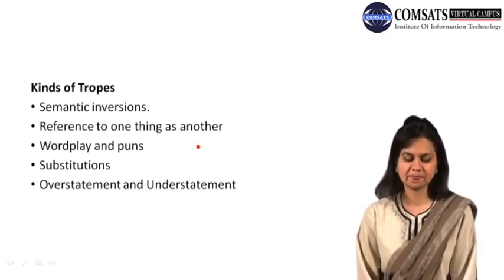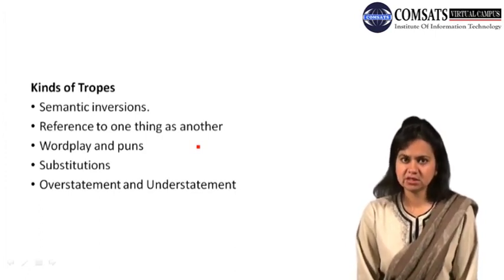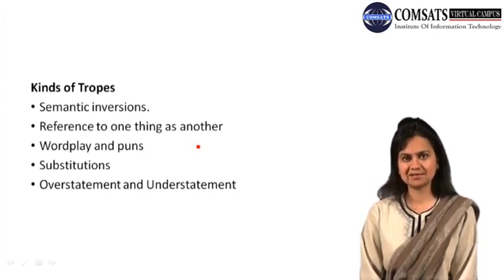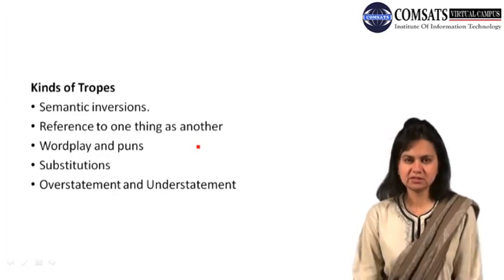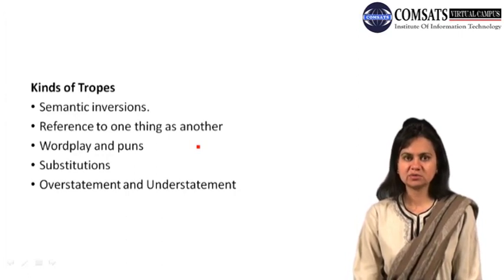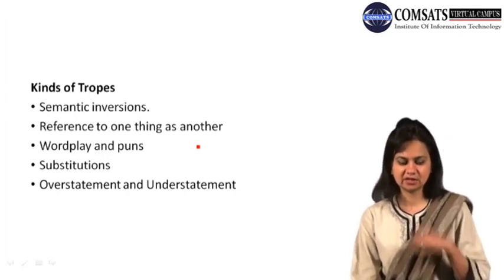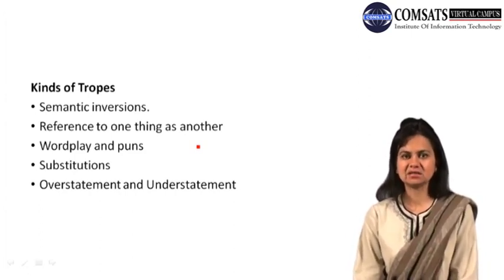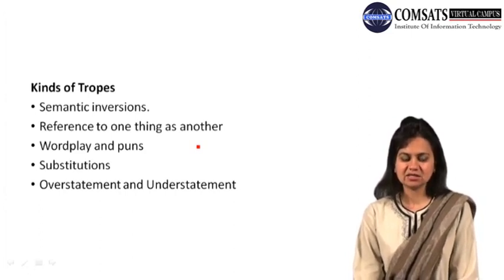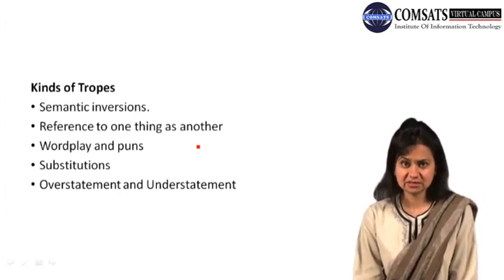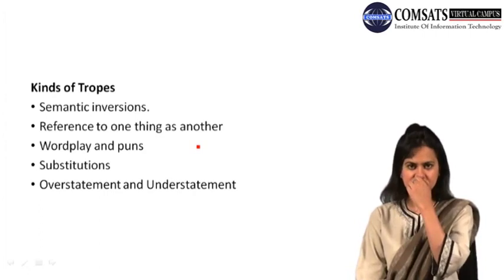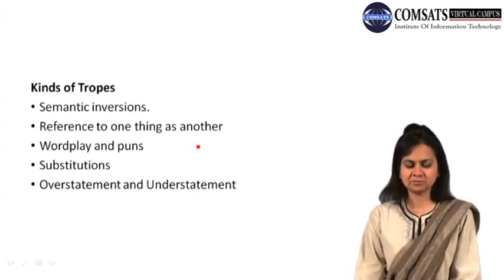As the word semantic reveals the change in meaning, and inversion is the disorder, the change or the subversion. Similarly, there can be certain types of tropes which are used as a reference to one thing as another, in which one thing is used in place of another, changing the place with some other ideas or things. Similarly, there can be word play and puns, like word play in the form of blending of words, and pun is having double or dual meaning.